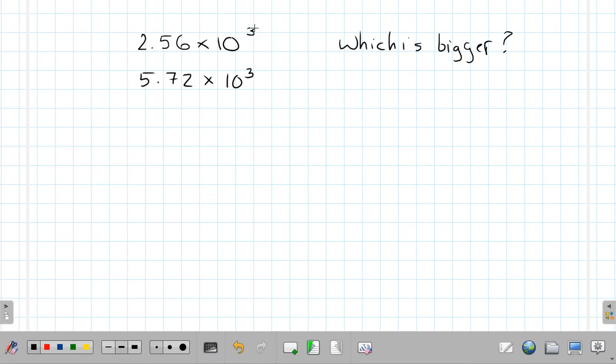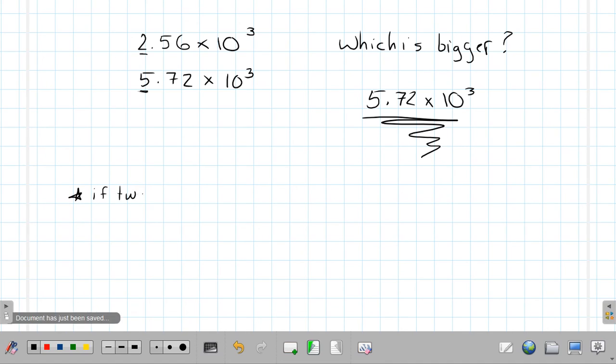Well, in this case, you see the exponents are the same, so we can't rely on our exponents. Here, then, we have to look at the actual numbers. So since 5 is bigger than 2, that means 5.72 times 10 to the third is bigger. Okay? So if you do run into a case where you have the same exponents, then you have to look at the starting factor.